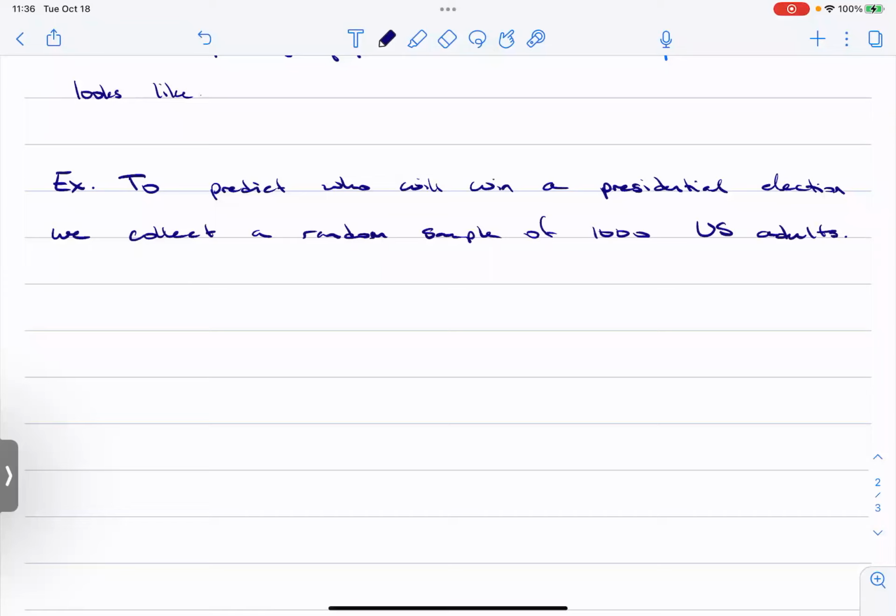We have to specify they have to live in the States to vote for a president, and they have to be an adult in order to vote. I could ask if they even plan on voting, but let's just stick to US adults. Should be US voters maybe, but let's talk about just the adults. Everyone can vote, just don't. So we collect a random sample of 1,000 US adults, and we ask them, who are they going to vote for?